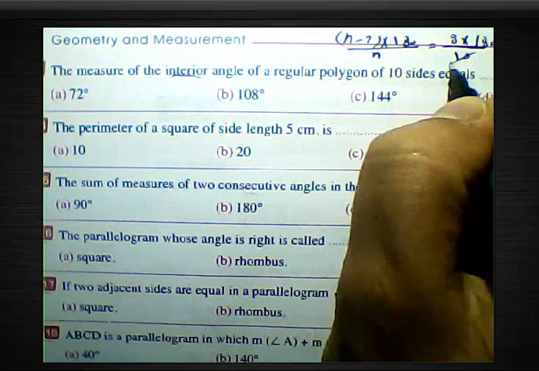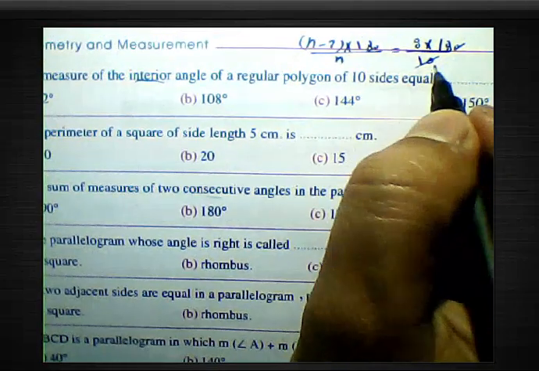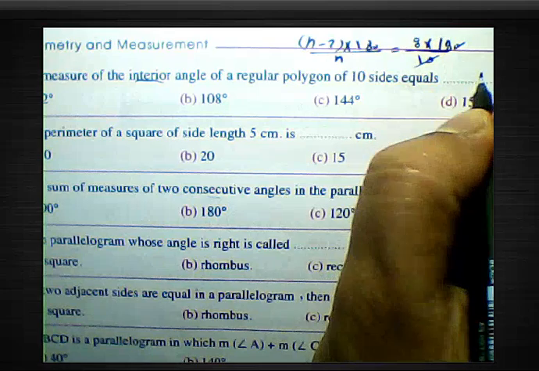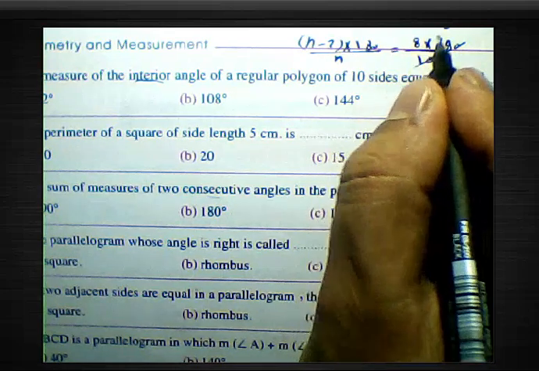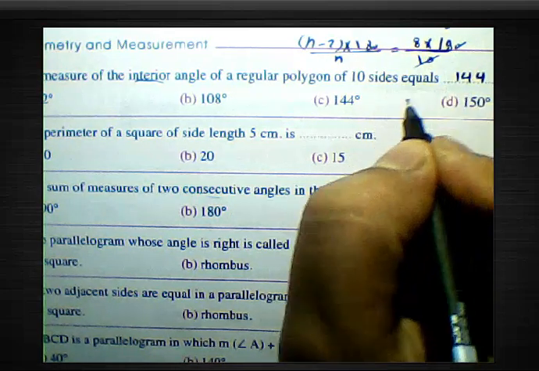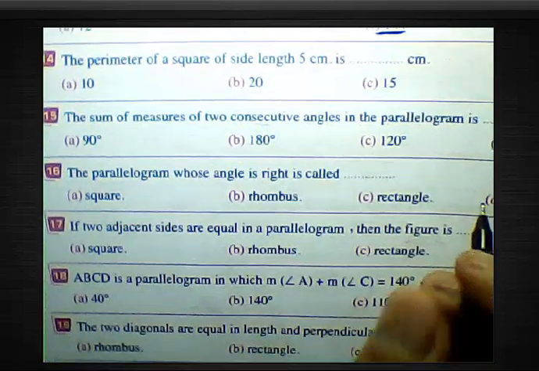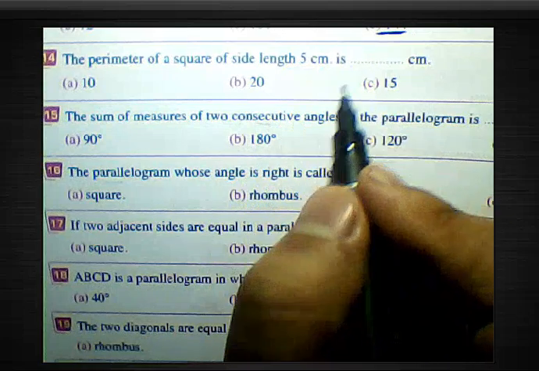We can cancel 0 by 0, and 8 times 18: 8 times 8 equals 64, write 4 and carry 6, 1 times 8 equals 8, 8 plus 6 equals 14. Result 144.